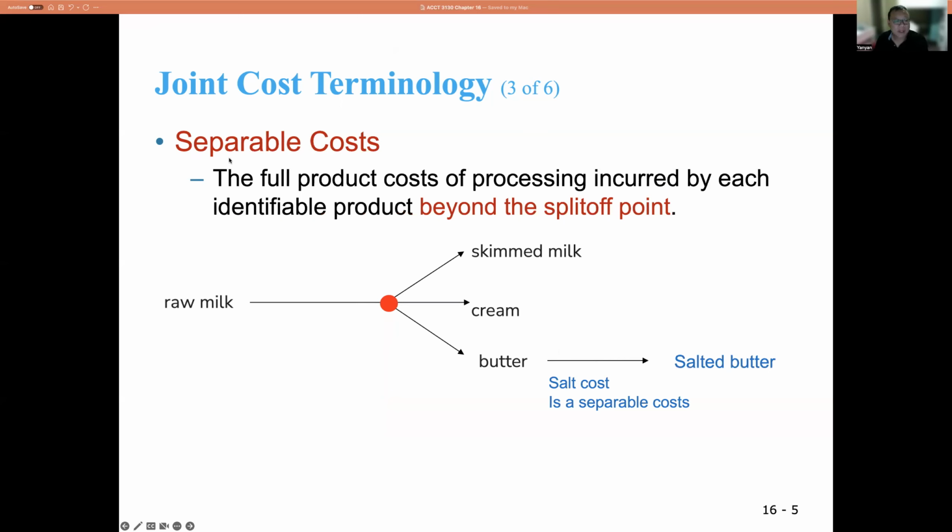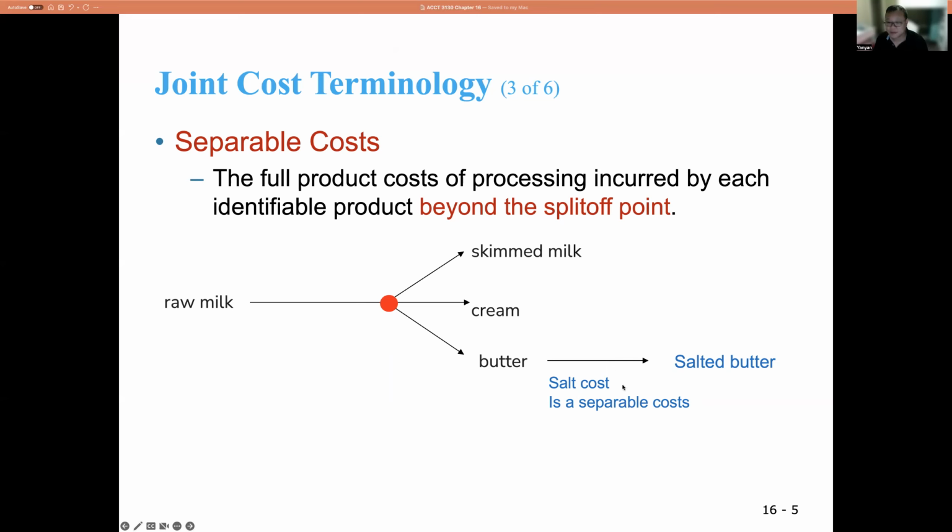And then what are separable costs? So in this example, you have three identifiable products: skimmed milk, cream, butter. Let's say you are going to continue to develop butter to make it a salted butter, right? So now you have to incur the salt cost.